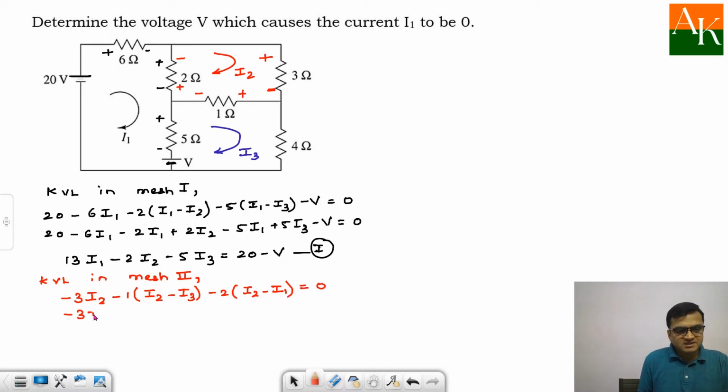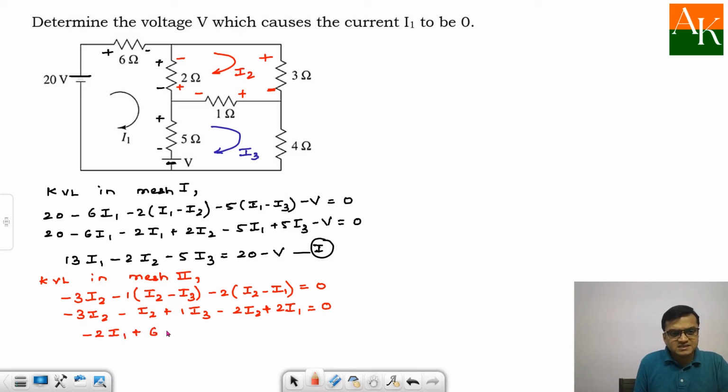So minus 3 times I2, minus I2 plus 1 times I3, minus 2I2 plus 2I1 is equal to 0. We'll arrange the terms in such a manner that the coefficient of I2 will be positive. So this leads to minus 2 times I1 plus 6 times I2, then minus 1 times I3, and that is equal to 0. And this is my equation number 2.